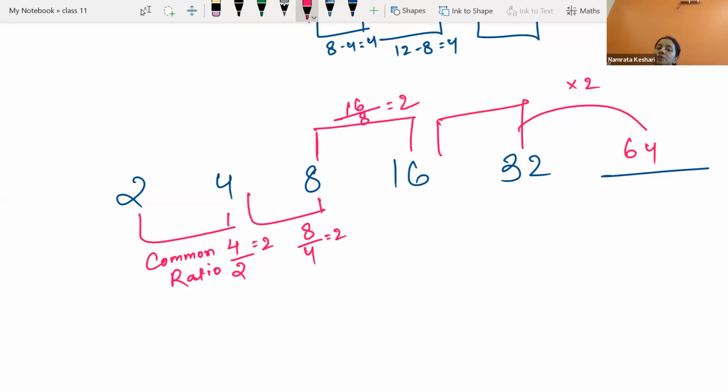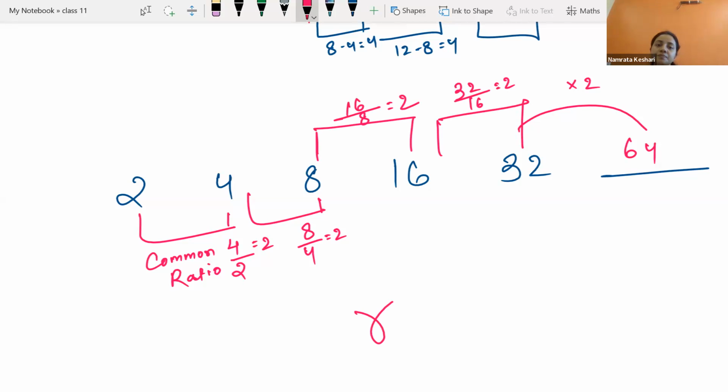Next, 32 divided by 16 is 2. So this is called the common ratio. From now onward we will represent it with r. This is a geometric progression. What does that mean? Every time the same number is getting multiplied.